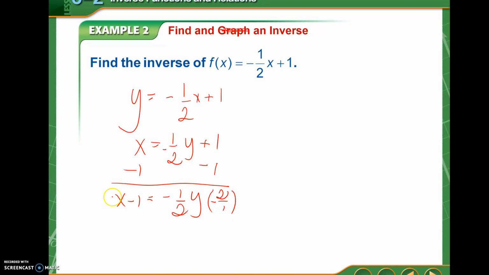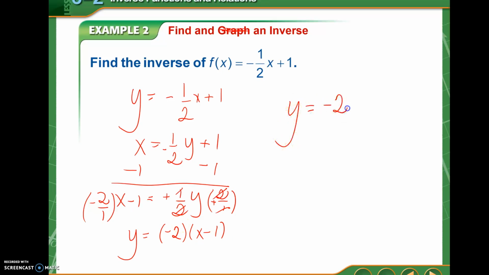So subtract my 1, multiply by the reciprocal of -1/2, and I get y equals -2 times the quantity x minus 1. And I want to go ahead and distribute that out. So y equals -2x plus 2.